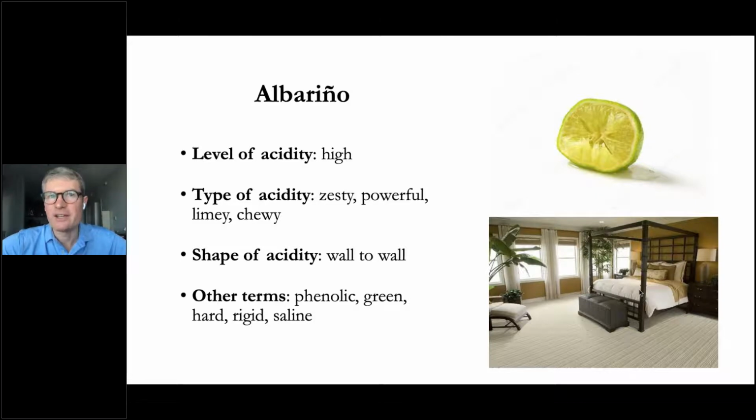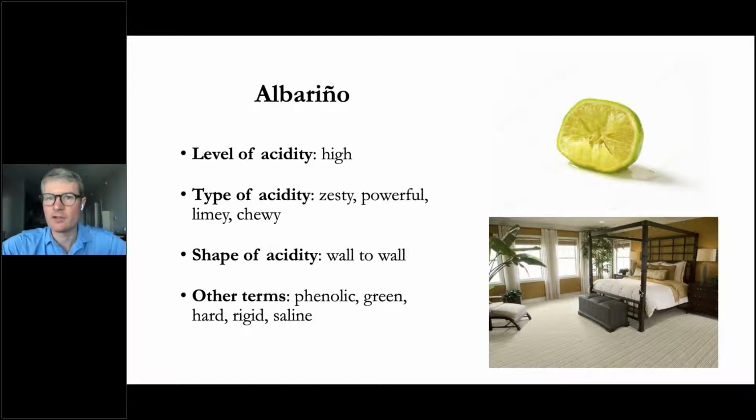And so in this wine, we have the same sensations we had in the Assyrtiko: a high level of acidity, but also quite a high level of phenolic content, of solid content in the wine, which means that you're building structure on structure. So when I talk about Albariño having a powerful structure, then yes, it's got a powerful acid structure, but it's also got a powerful phenolic structure. When you combine those two, you've got one of the most structured white varieties out there.